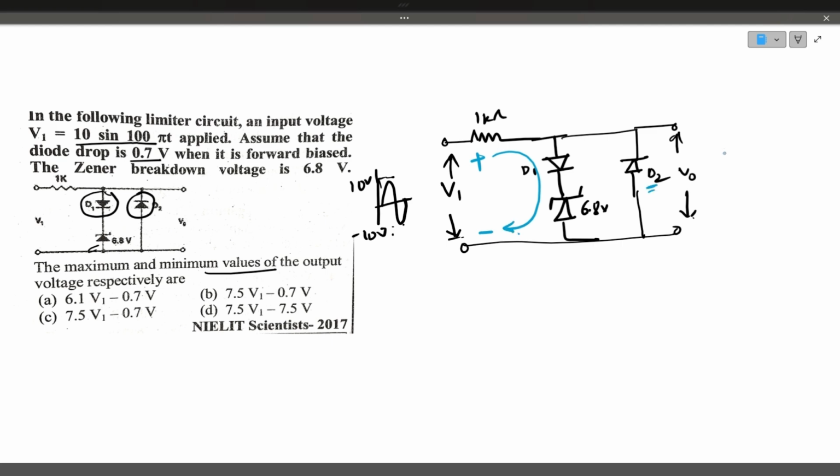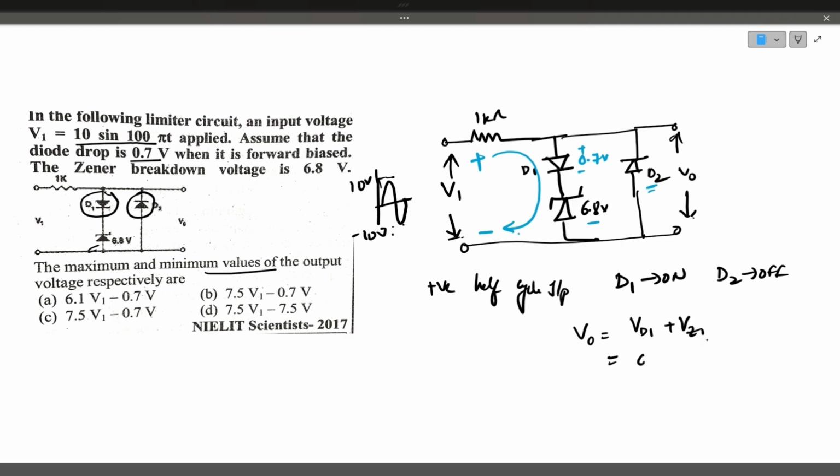So during the positive half cycle of the input, D1 is on, D2 is off. So the output voltage will be VD1 plus VZ, Zener voltage as well as diode voltage. That is 0.7 plus 6.8, that is 7.5 volts.